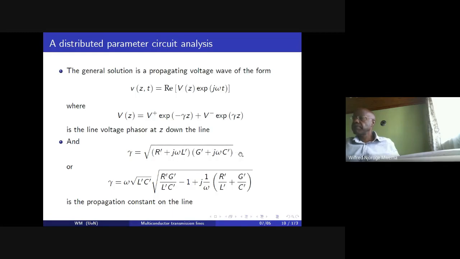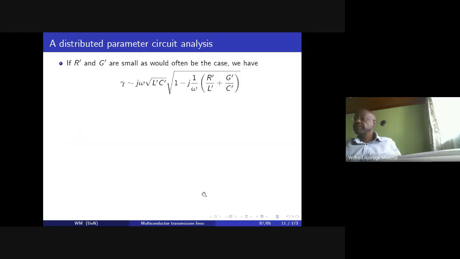We'll get that as a product, or in other words, you can have it as ω root L'C' into the square root of (R'G'/(ω²L'C') − 1) plus that imaginary part there, and it will be called the propagation constant of the line.